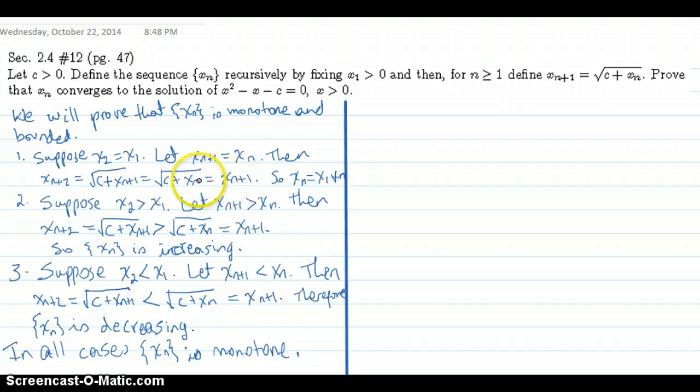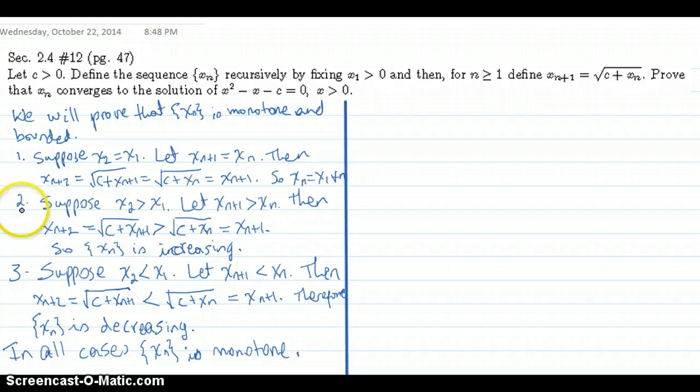But this is x_{n+1}. So x_{n+2} equals x_{n+1}, and therefore x_n is the constant sequence x_1 for all n. Basically, if x_2 is x_1, then x_3 equals x_2, if x_3 equals x_2, then x_4 equals x_3, and so on and so forth.